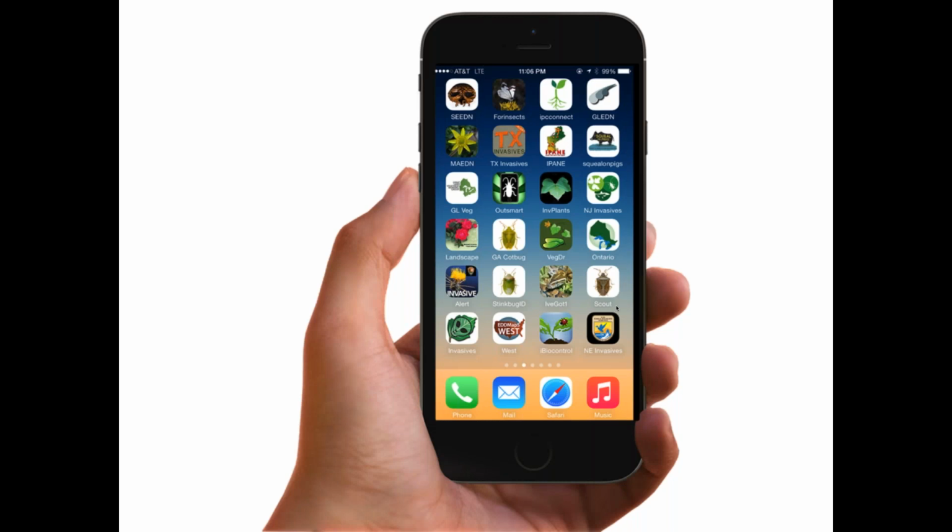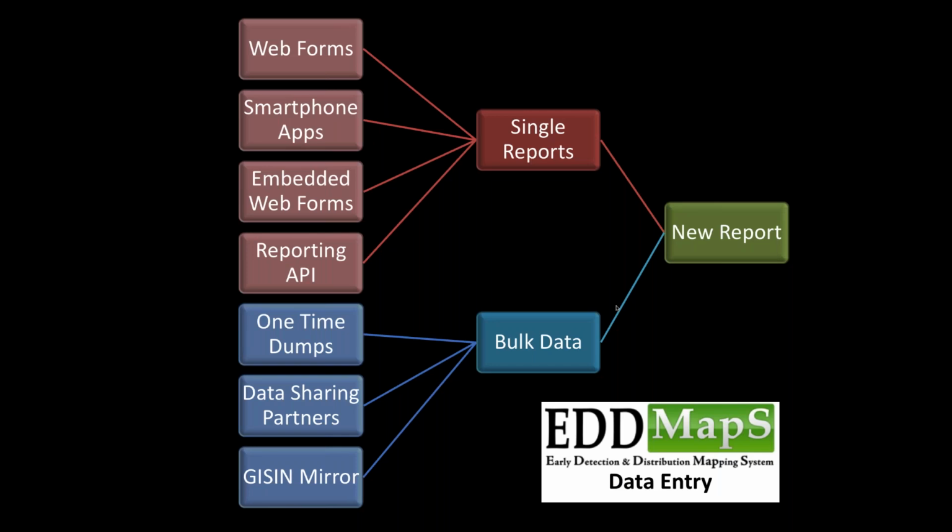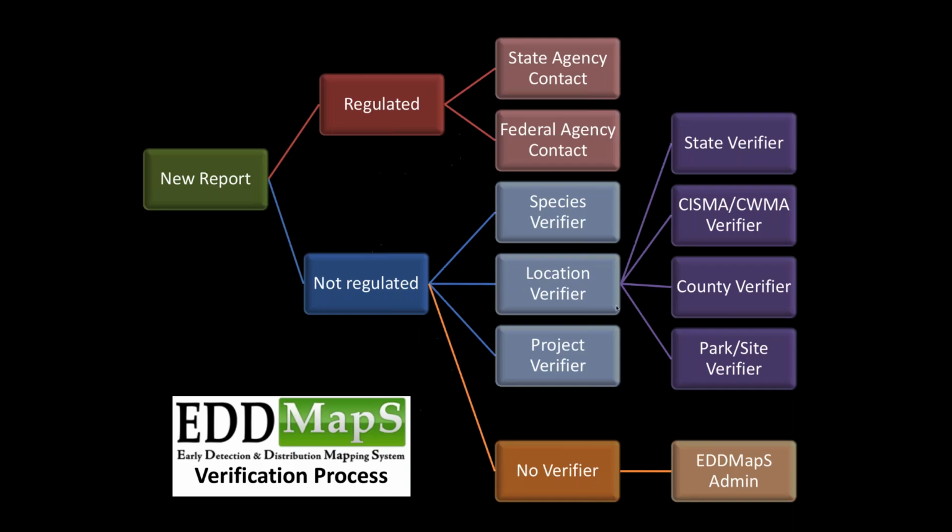So, in talking about EDDMaps compared to some other solutions for mapping, EDDMaps' real power is these smartphone apps, including EDDMaps Pro, and those are being used and downloaded by folks. We've also got a very robust verification system. So when you go on and you report something, that report, no matter how it comes in, is sent to a verifier for them to review.